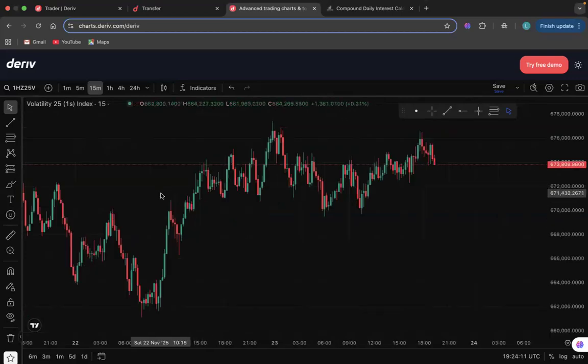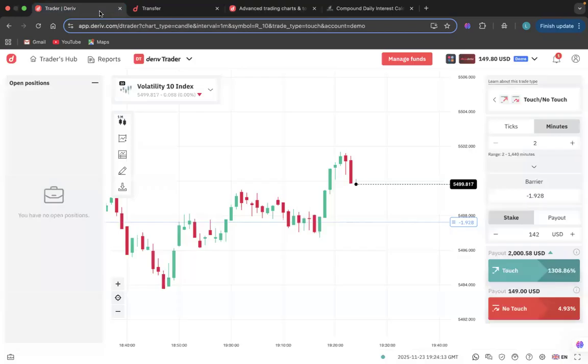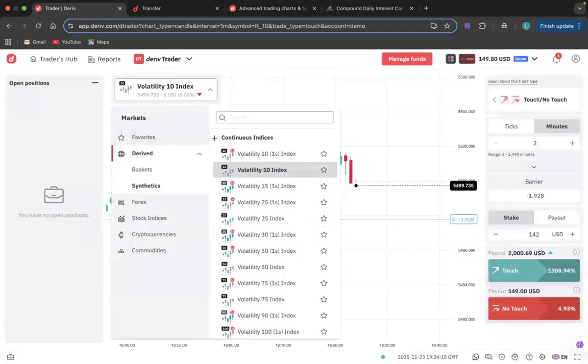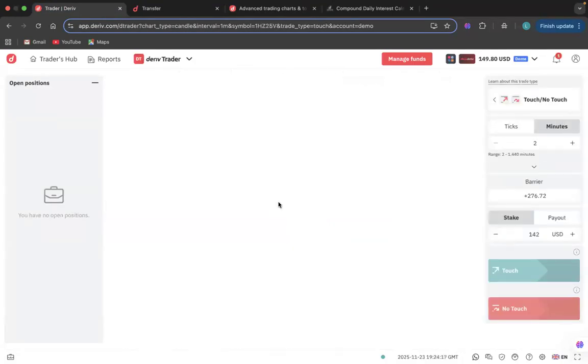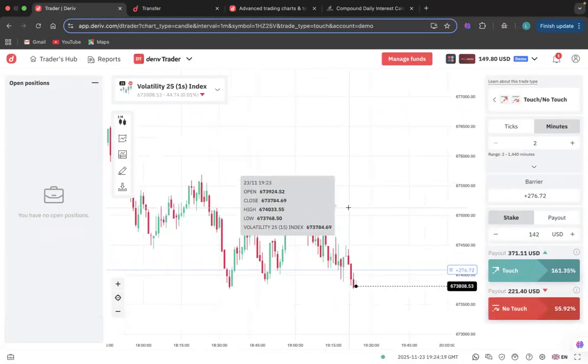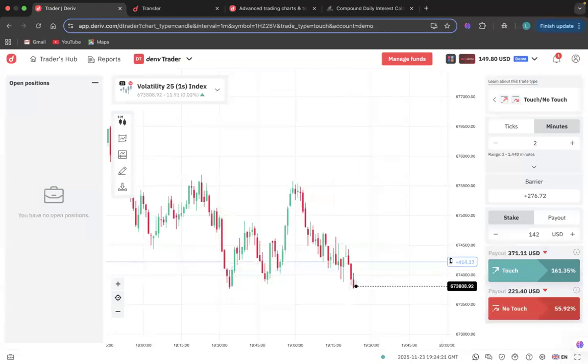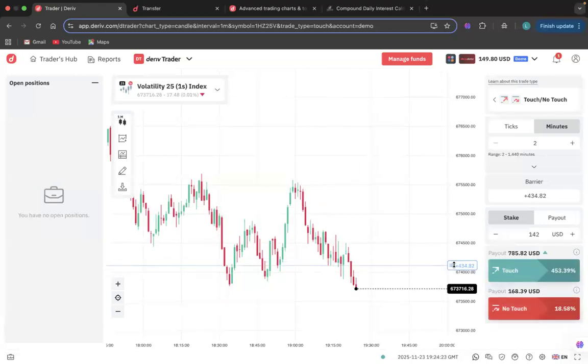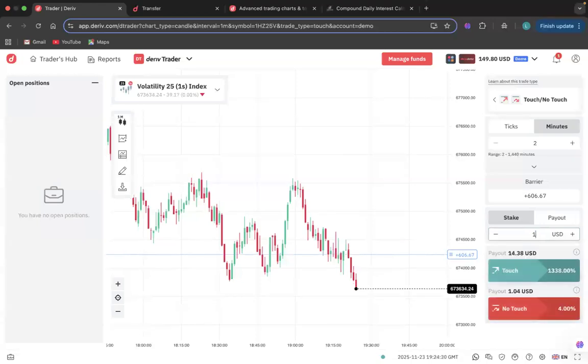Okay, let's see if we can get a trade on 25-1x here. We might actually get a trade here on 25-1x. Yeah, we can actually get down 149.